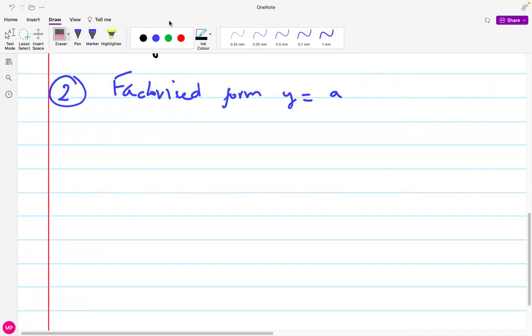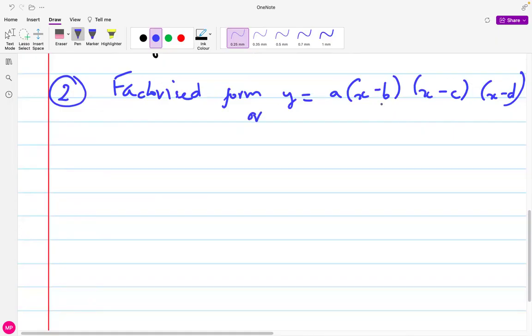The factorized form is y equals a(x minus b)(x minus c)(x minus d). Or sometimes b and c could be repeated, so you could have y equals a(x minus b) squared if they repeated the solution, and then (x minus c), whatever that is.